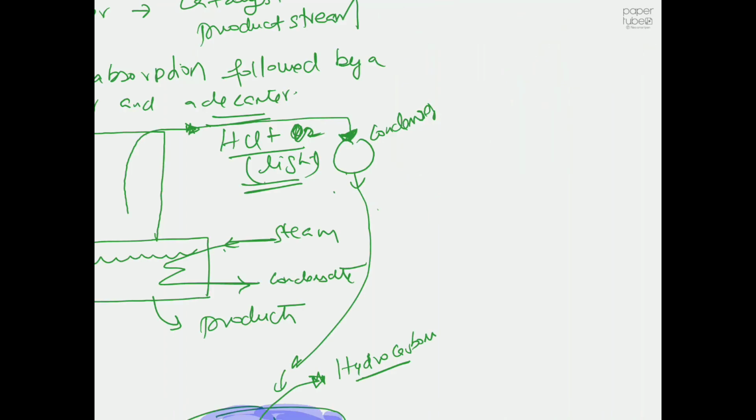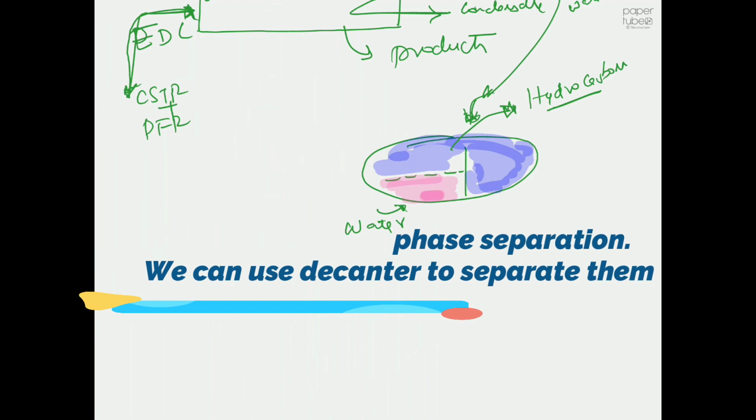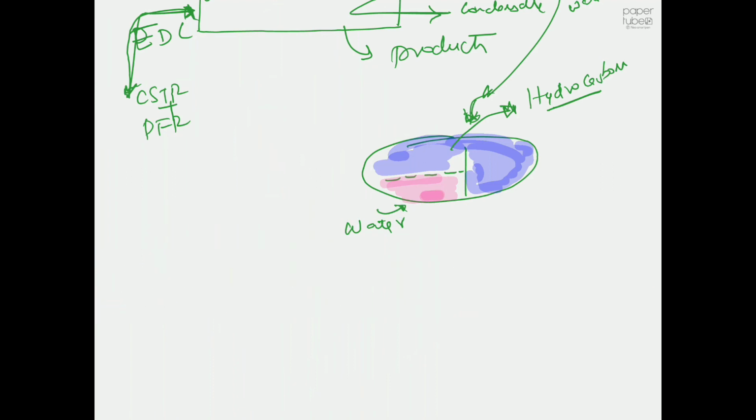Once you condense, you will get hydrocarbons plus water, and then you pass this stream to the decanter, where you can separate the heavier products from the lighter product automatically. It will have a small weir like this, and your heavier product will overflow, and we can remove the heavy product from here.